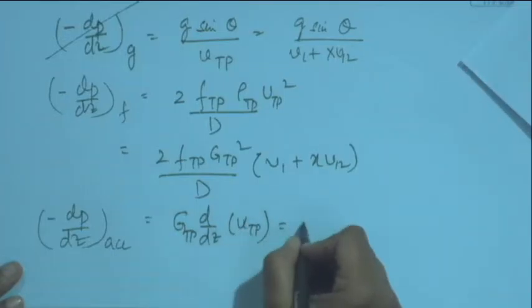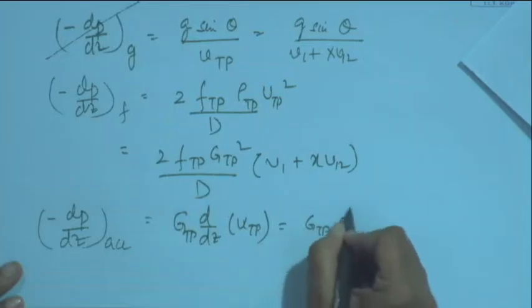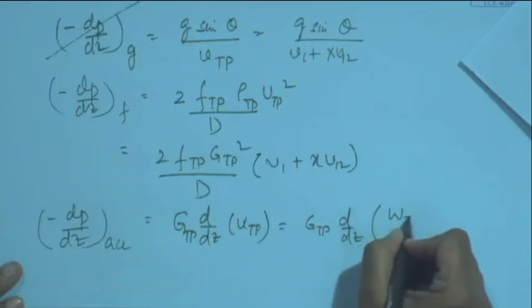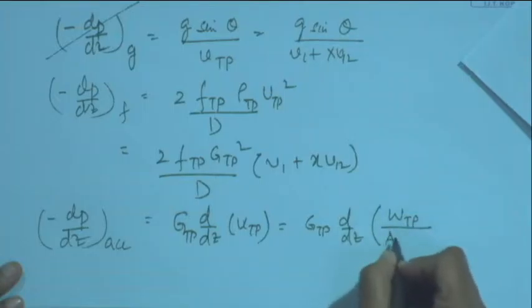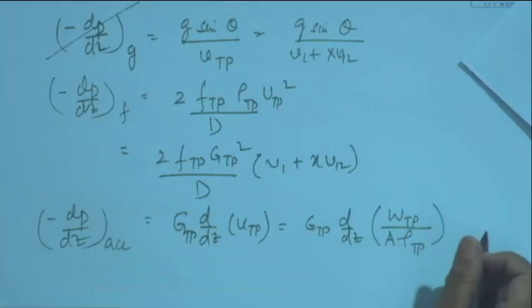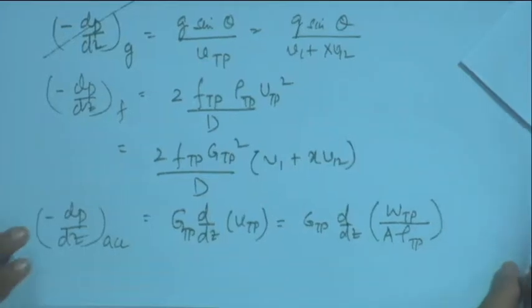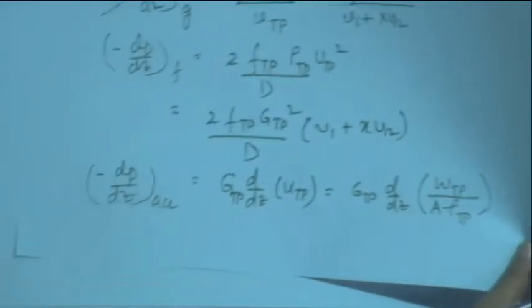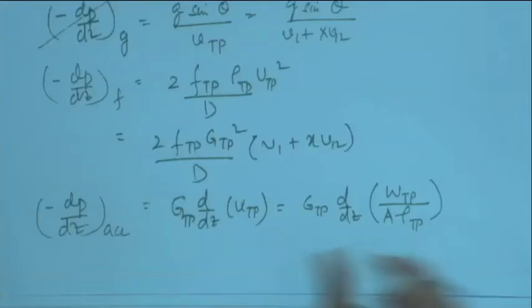It can vary if the area varies, which is true for single phase flow also. It can also vary if the densities of the 2 phases vary, or if the quality of the 2 phase mixture varies.